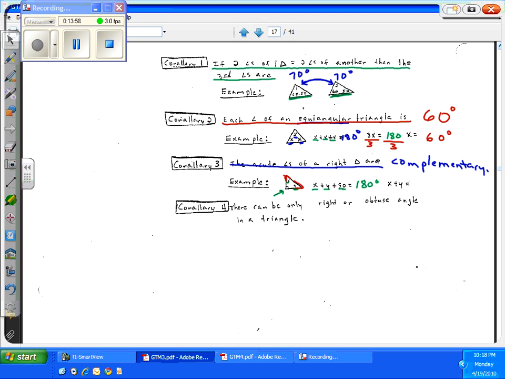And we want to prove that those acute angles are complementary, which means that they add up to 90 degrees. Well, if we take the 90 degrees off of this side and take it off of that side, the result would be that x plus y is equal to 90 degrees. And so again, we've quickly, with a little bit of algebra, proven that the acute angles of a right triangle are complementary, given that the sum of the angles of a triangle is 180 degrees.